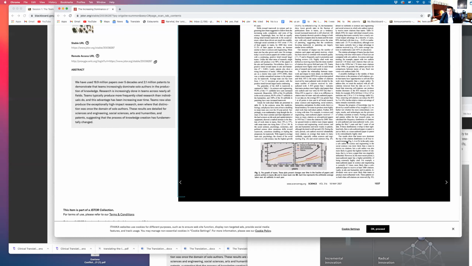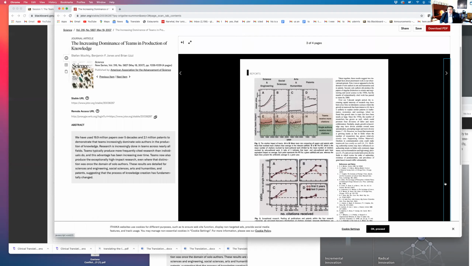This is a little old, it only goes to 2000, but there's more and more evidence that there are more and more teams publishing together. Now you might ask yourself, well, why does that even matter? Well, because what we're also finding is that those who publish in teams are often cited more.